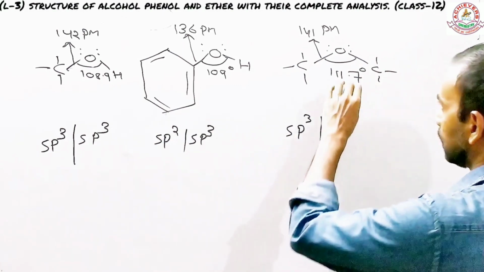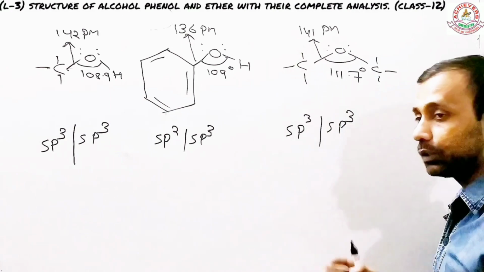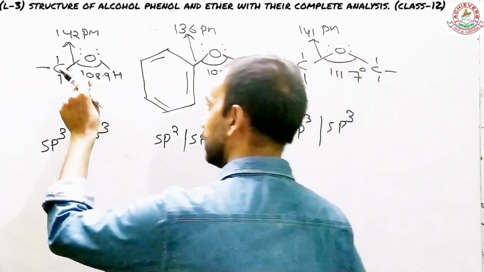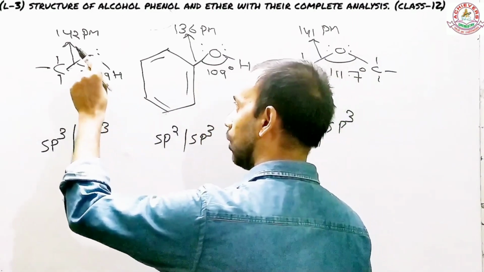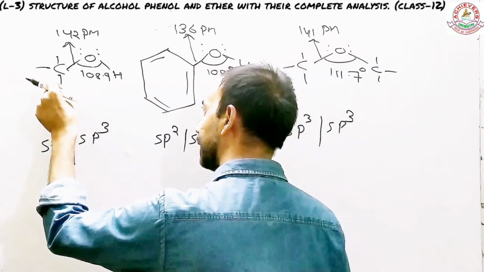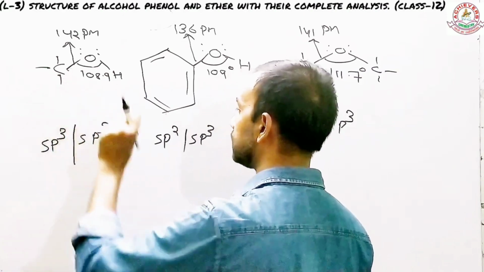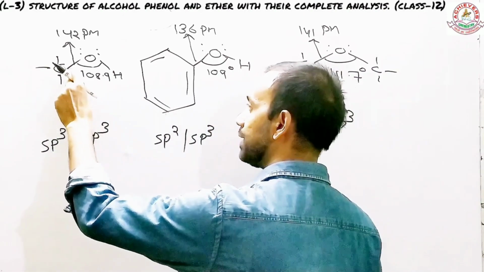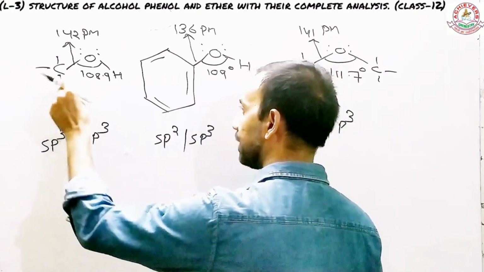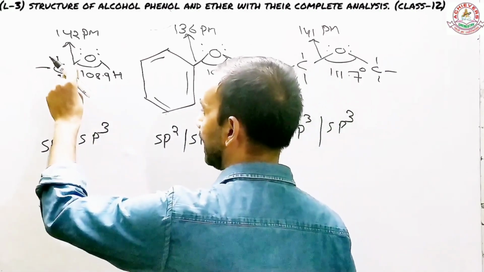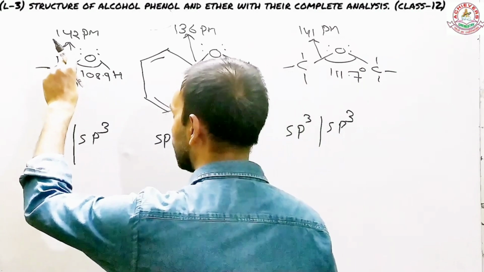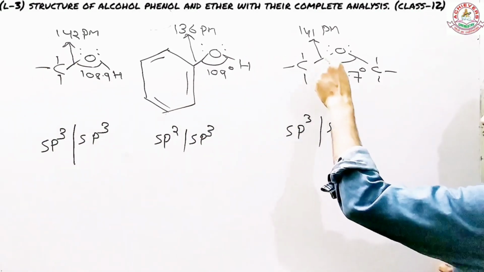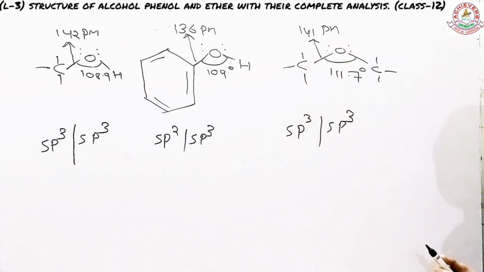Now what you see is that the alcohol and ether both have similar hybridization. Why then are the structure and the bond lengths different? That is what is very important I need to talk to you about. Let's start here. What you see is that the oxygen is bonded to an alkyl group or a methyl group only from one side. Because that alkyl group is bonded here and the alkyl group has sp3 hybridization, this bond length is going to be slightly longer when you compare this particular one, where the bond length is only 141 picometer.